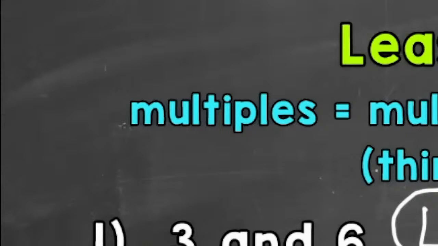So let's extend the list of multiples for 4. So our next multiple is going to be 24. And that's going to be our least common multiple. 24, 24, and 24. So if you don't see a least common multiple, you can always extend your lists until you find it. So for number 4, our LCM equals 24.